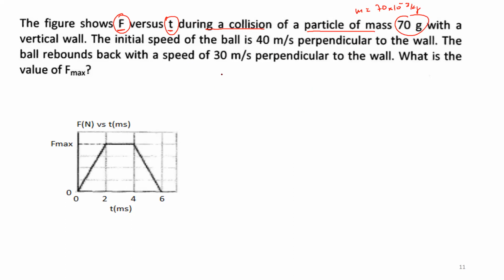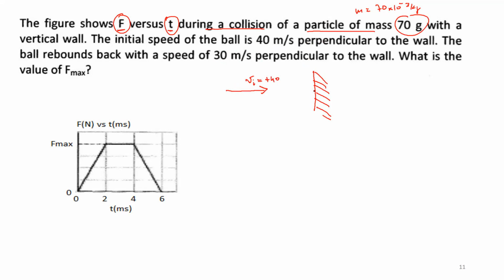Basically, I have a vertical wall, and I give you the initial speed of the ball, and then the ball rebounds, and then I give you the final speed of the ball against the wall. So let's say this is a wall. Okay, the wall has an infinite mass compared to the ball, of course, right? So the wall will not really move. But the ball was coming with an initial velocity of plus 40.